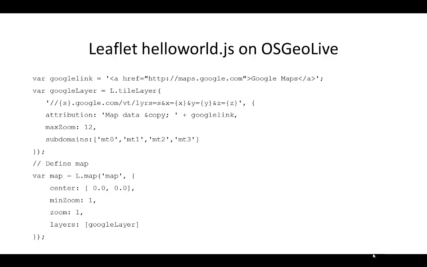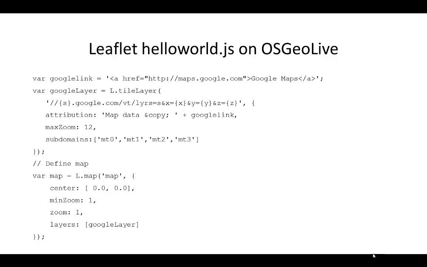So that's going to be displayed, I think, in the bottom right-hand corner as a sort of copyright notice. We have the maximum zoom level at which to display this layer. The zoom levels in Google Maps, I think, in general go from 1 being sort of the whole world, really high up so you see a large area. And as the numbers get larger, you're getting closer to the Earth.